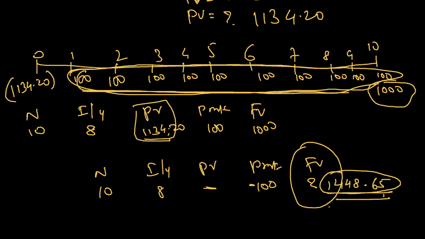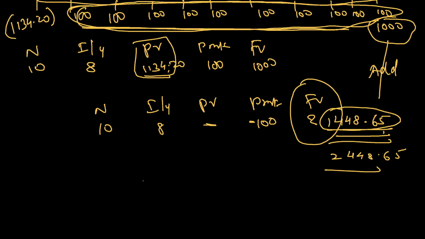So overall, the cash inflow at the end of the 10th year, you need to add these two numbers. So 1000 and 1448.65 comes to 2448.65, and to earn this 2448.65 you invested 1134.20 at the beginning.